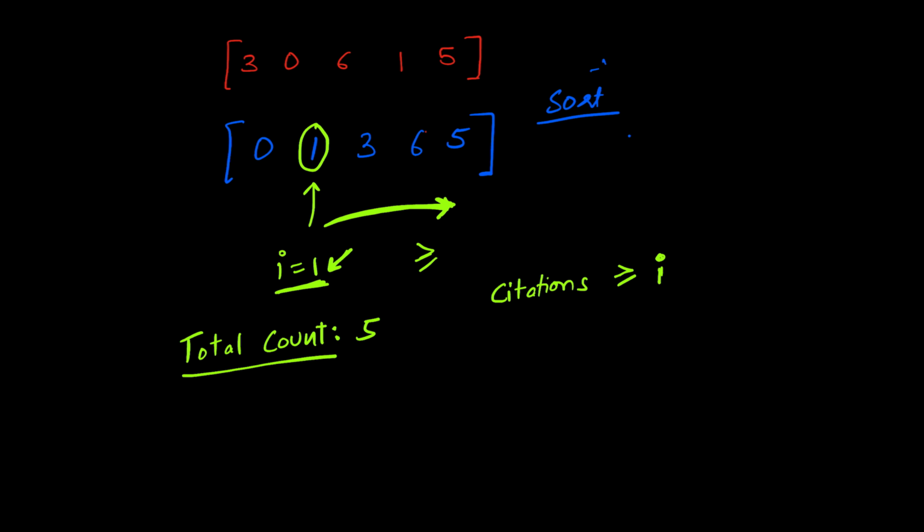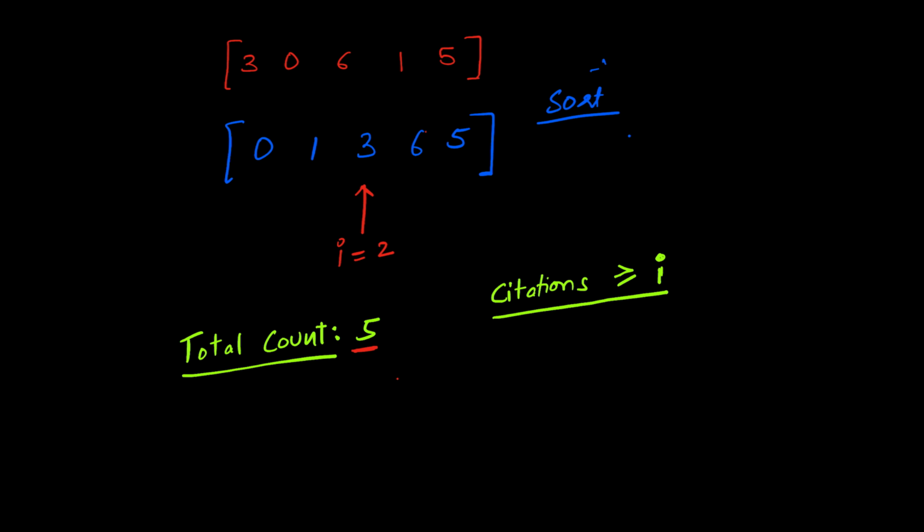By applying simple math, we can calculate how many papers are there in the collection whose citation counts are greater than or equal to that value. With 3 elements to the right side of i and including the current element itself, there are a total of 4 papers in the collection whose citation count is going to be greater than or equal to 1, that is the value at i.